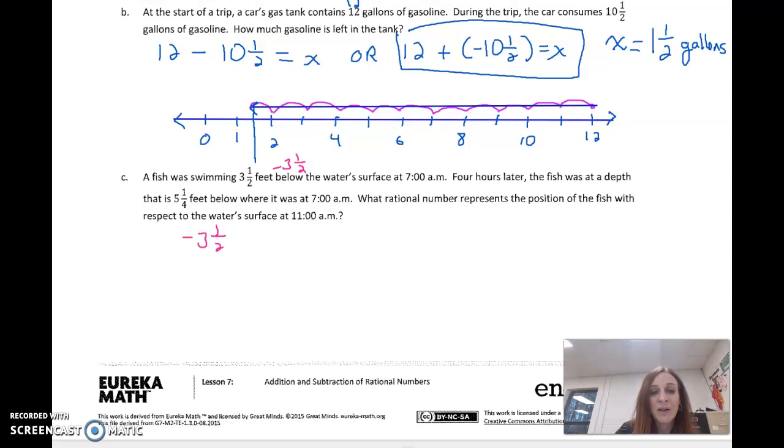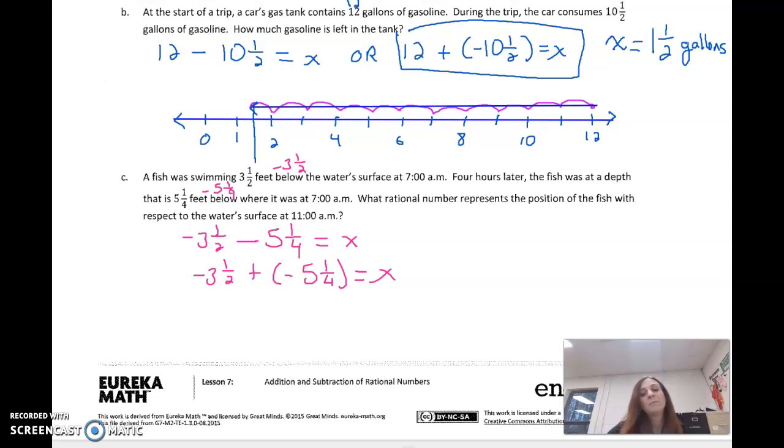Negative 3.5 minus 5 1/4. Or if you think of this as a negative 5 1/4, you could think of this as negative 3.5 plus a negative 5 1/4. But either way, set it equal to your unknown, your variable, your x.